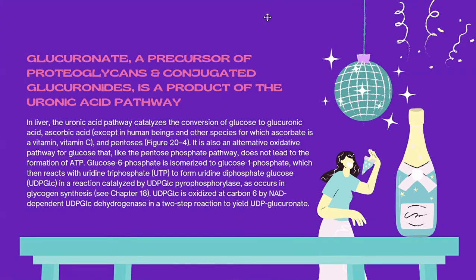Okay, so we are now in the uronic acid pathway. Glucuronate, a precursor of proteoglycans and conjugated glucuronides, is the product of the uronic acid pathway. The importance there is glucuronic acid and ascorbic acid, except in us and other species for which ascorbate is a vitamin.